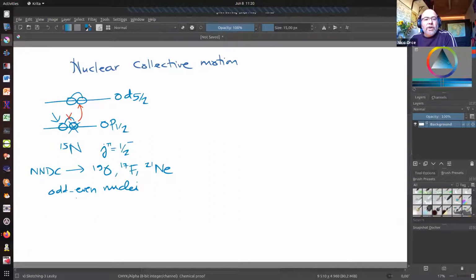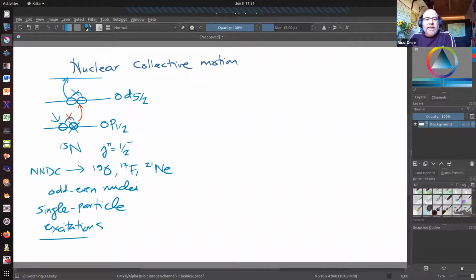So these excitations here, we call them single particle excitations, and the reason is clear because they just involve the excitation of one particular particle going up. Before we said this could break, and also they could go up there. But these are basically single particle excitations because we promote one particle or even a few particles.